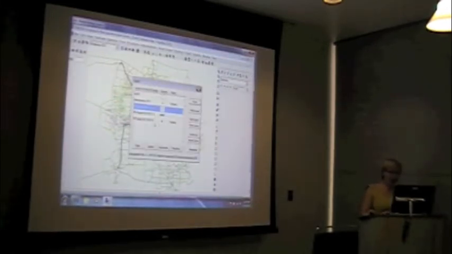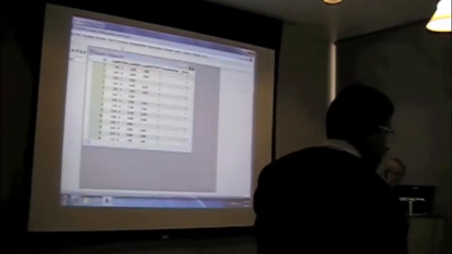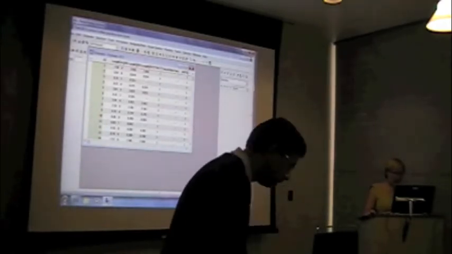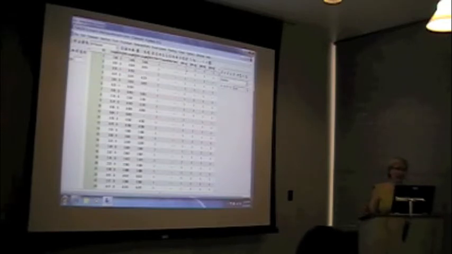Okay, so as I said, here I have the transportation network loaded. That's used for modeling. And if I open the highway portion of the network data set, you probably know it's a polyline data set, so each row represents a segment on the network.